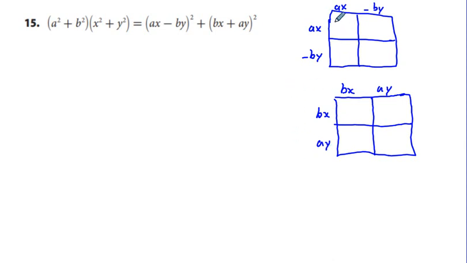And then, let's just work these out. Ax times ax is going to be a squared x squared. And then ax times negative by, just putting all these letters together, is going to be negative axby.